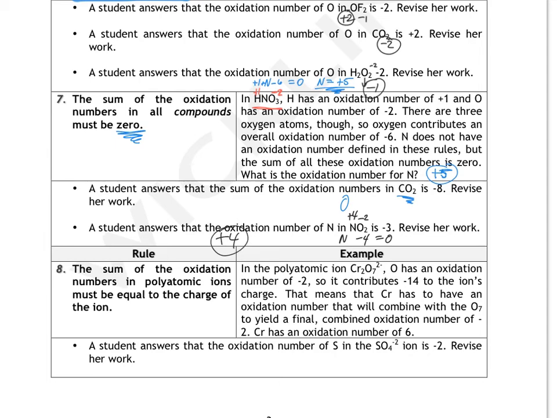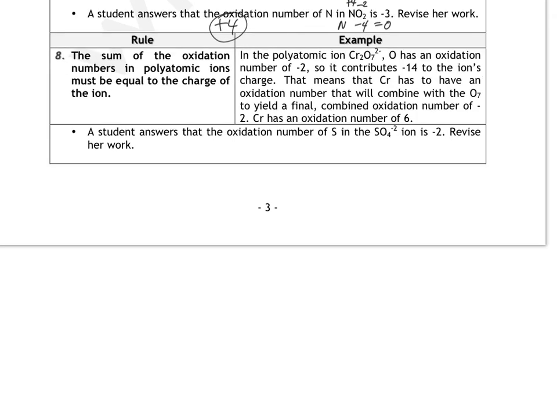And rule number 8 says that the sum of the oxidation numbers in a polyatomic ion has to be equal to the charge of the ion, not 0. So for instance, if you take a look at the dichromate ion, oxygens are an oxidation number of -2 overall, and then -2 times 7 is going to give me a -14 for the oxygens.